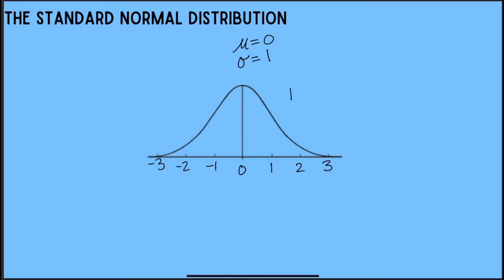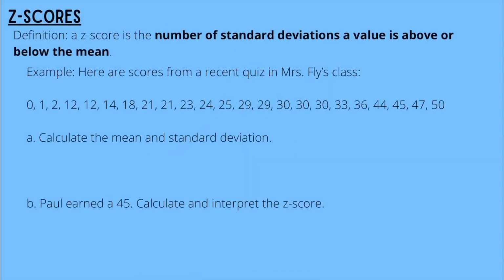And we will always notate that with capital N, parentheses, our mean, which is 0, comma, our standard deviation, which is 1.